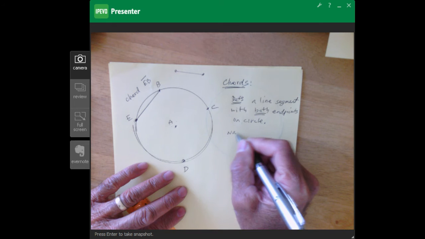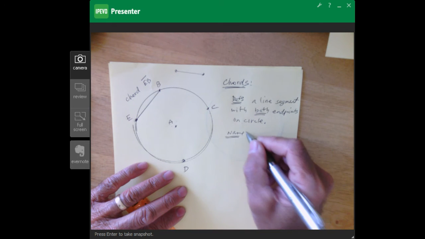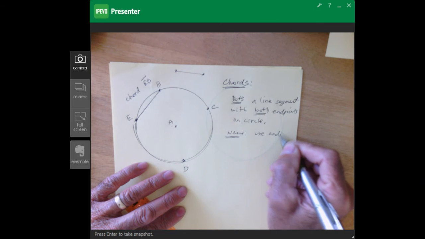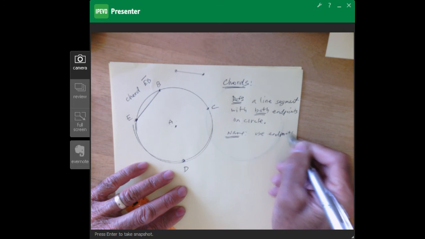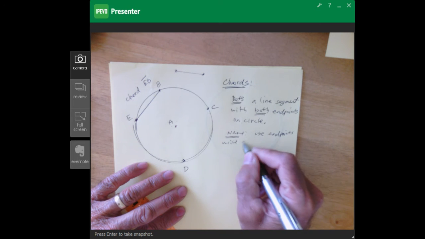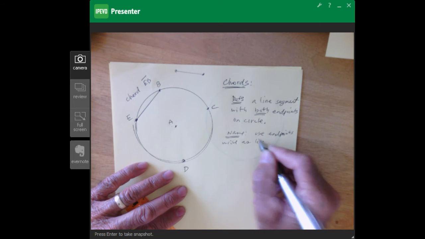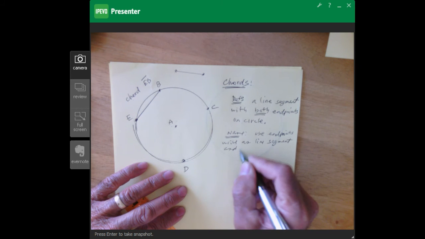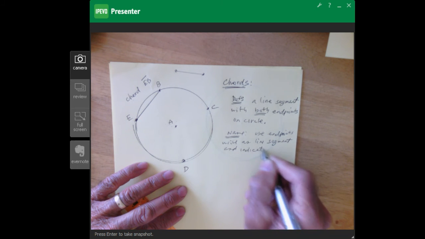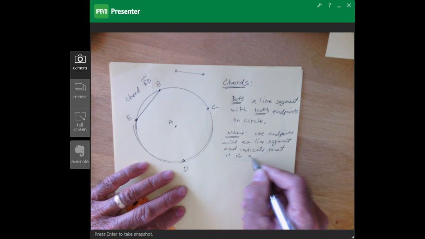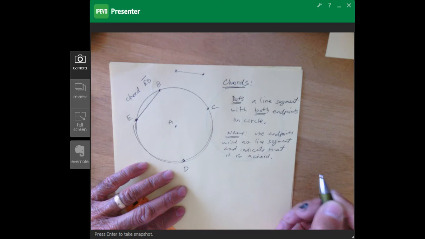Okay? So you name it. Use the endpoints. Okay? Write it as a line segment, and indicate that it is a chord.